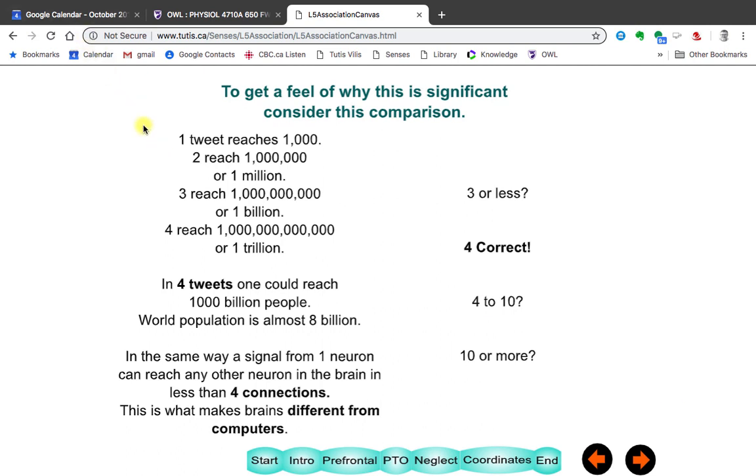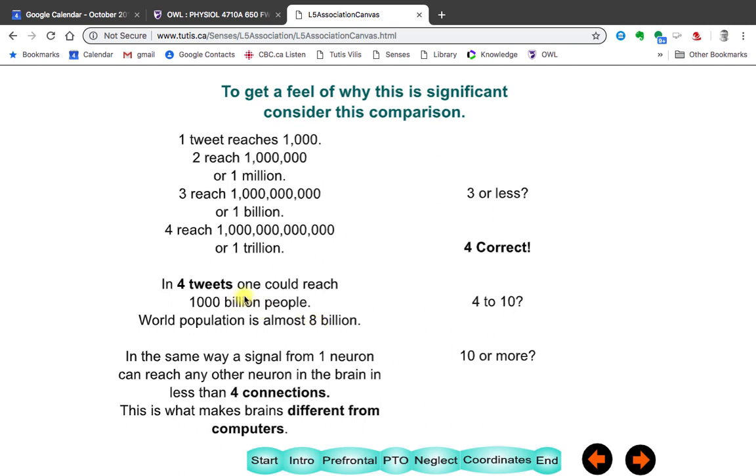Yeah, so if you multiply these together, in one tweet you reach 1,000, in 2 you reach 1,000,000, in 3 you reach 1,000,000,000, and in 4 you reach 1,000,000,000,000. And as far as I know, the world population is almost 8 billion, so we're well over the limit.